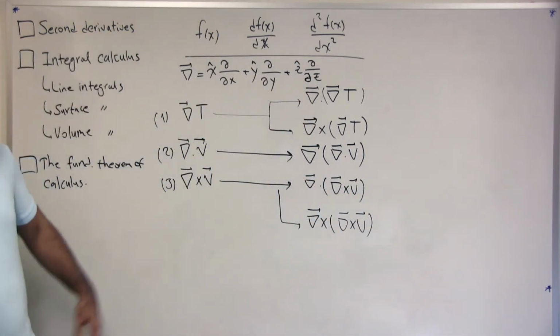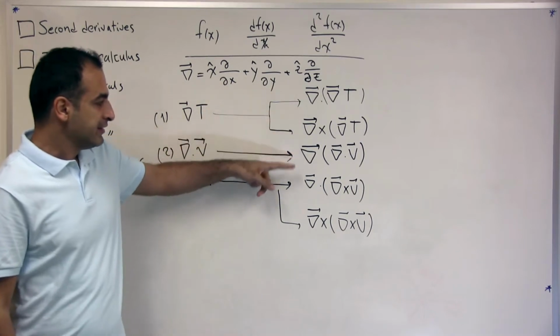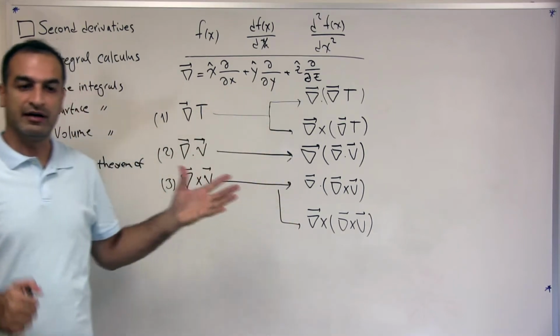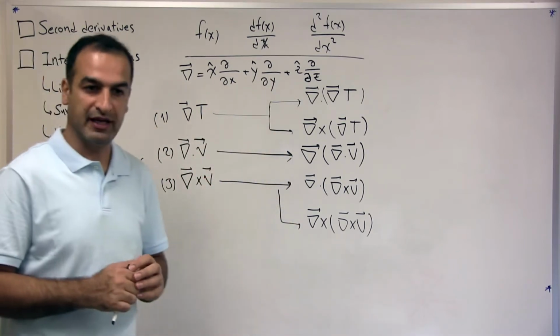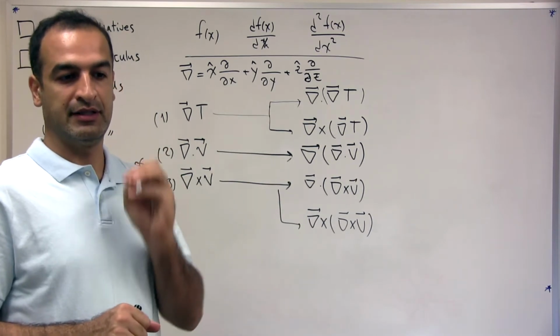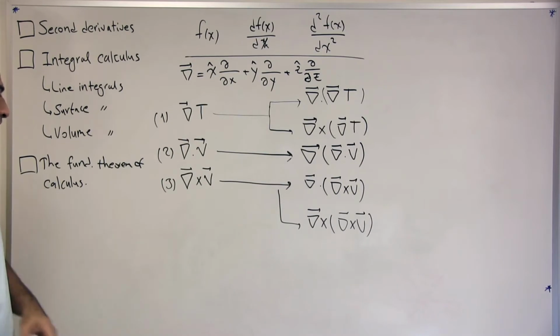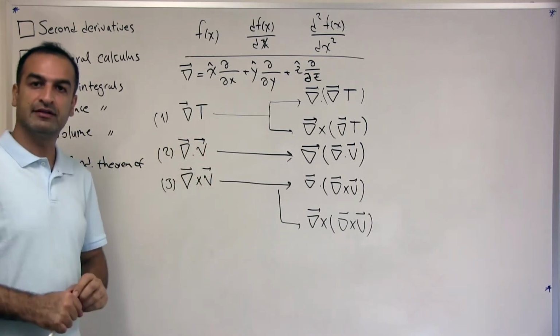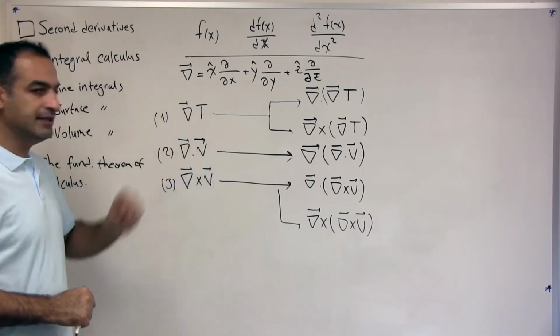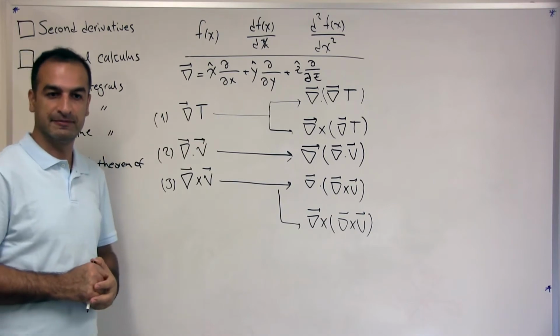Okay, so these five second derivatives are actually the whole set of options we have to apply the del operator twice on a vector or a scalar field. Again, the v here are vector functions, and T here is a scalar function.